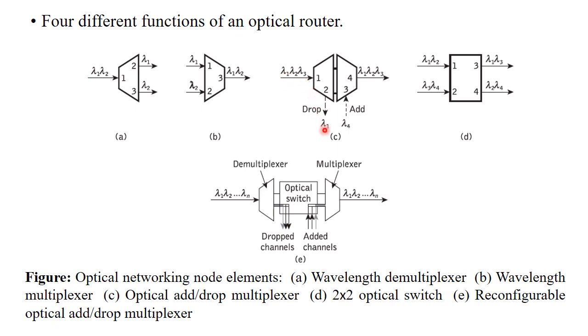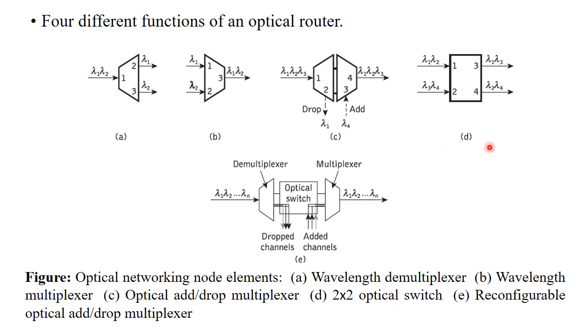Among them the wavelength lambda 1 has been dropped, so represented as drop, and on the other side from port 3 lambda 4 is being added, so the add representation is going there. Now in place of lambda 1, lambda 4 is going to work for us. Therefore at the output we are going to have the wavelengths lambda 2, lambda 3 and lambda 4.